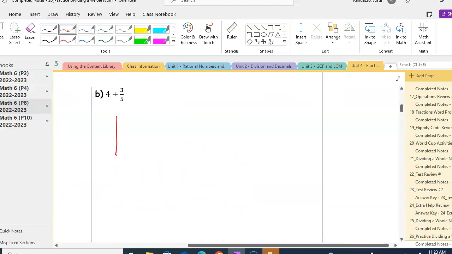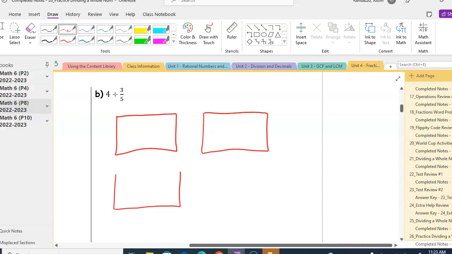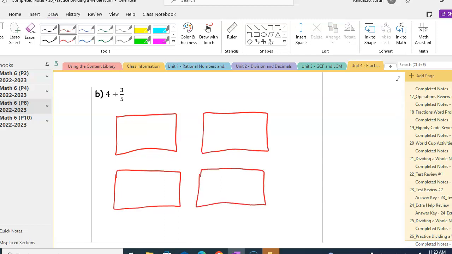So again, we're starting with 4 wholes. And since we're dividing it by 3/5, we need to cut each model into equal fifths, which means cut it into 5 parts. So take a moment to cut each of those into equal fifths.